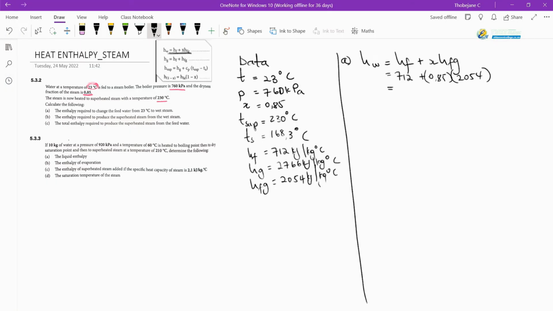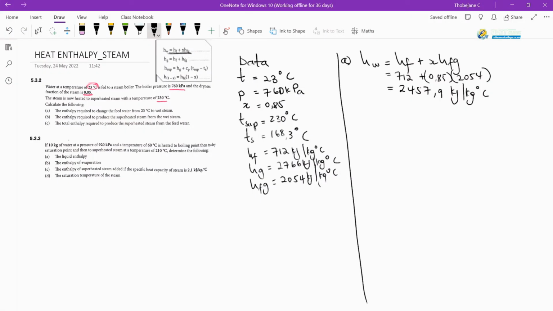So kindly please learn how to use your Casio calculator. It is of paramount importance for you to know how to use that. So when we punch that in our calculator, what we are getting here is 2457.9 kilojoules per kg degrees Celsius. Remember the SI unit, kilojoules per kg degrees Celsius. That is our first answer.